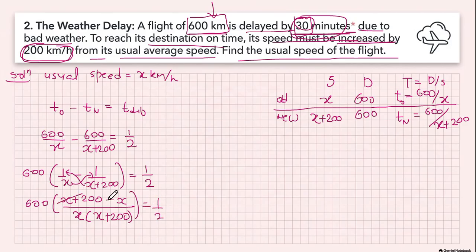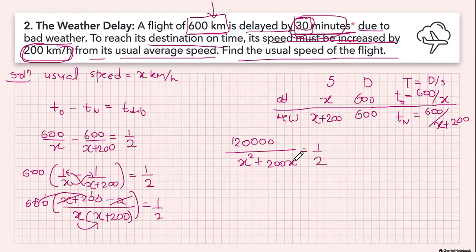So in the numerator, x minus x will get cancelled. So 600 into 200 is remaining. So 6 into 2, which is 12, and then 4 zeros are there, upon, if you multiply x into x, it becomes x square, plus x into 200, which is 200x, is equal to 1 upon 2.